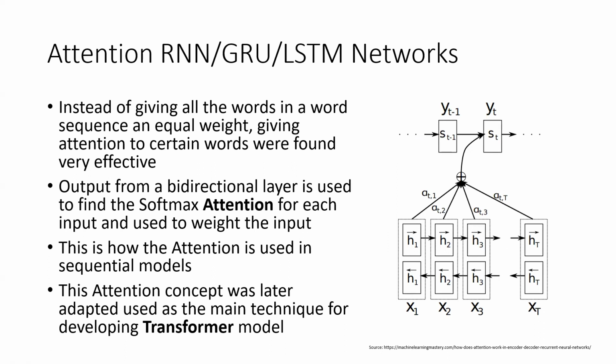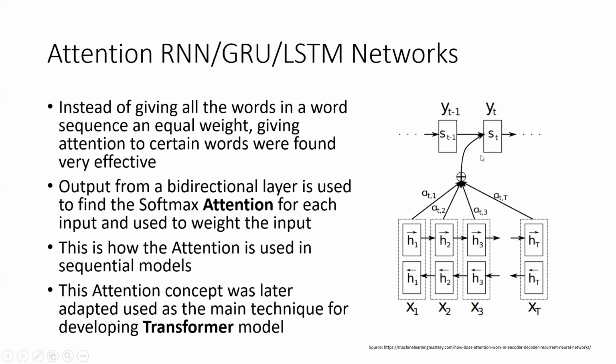Later, people have found that, so this is a unidirectional RNN, just think like that, right? What they found was, for each of the time steps we are giving word inputs, but we are not giving any weight to each of these words.